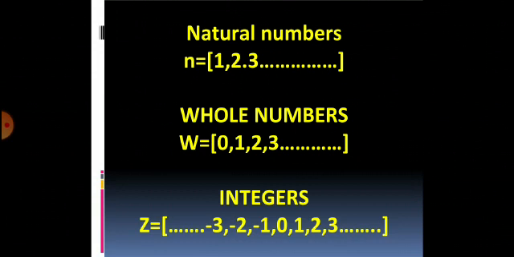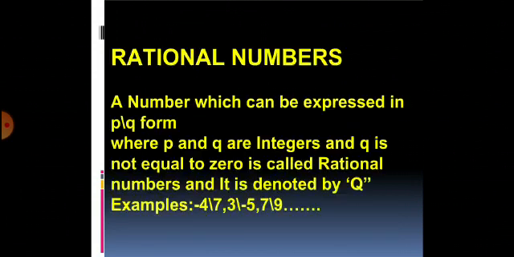Whole numbers is a set of numbers starting from 0 to infinity. Integers, a set of positive numbers, negative numbers, including 0, is called integers.